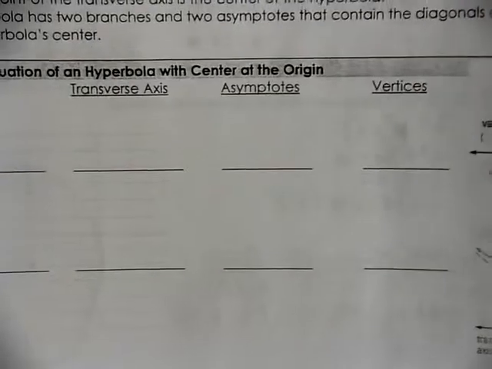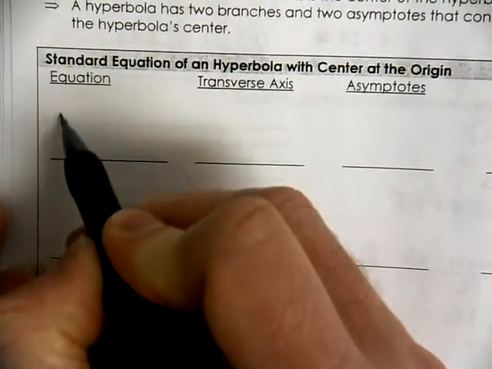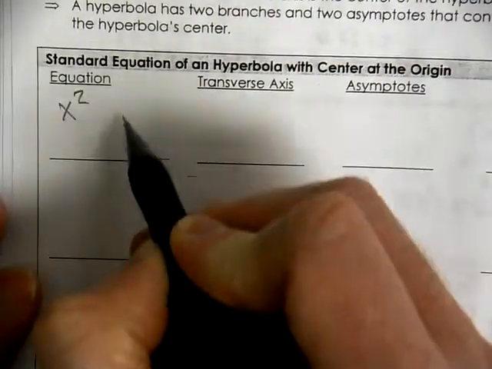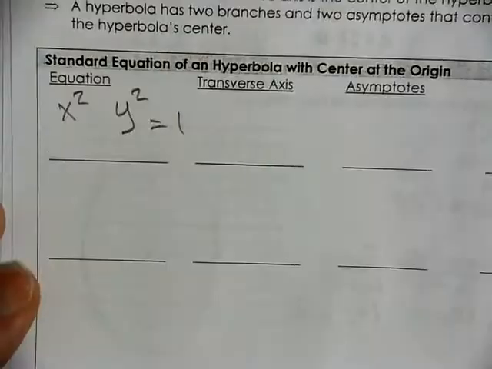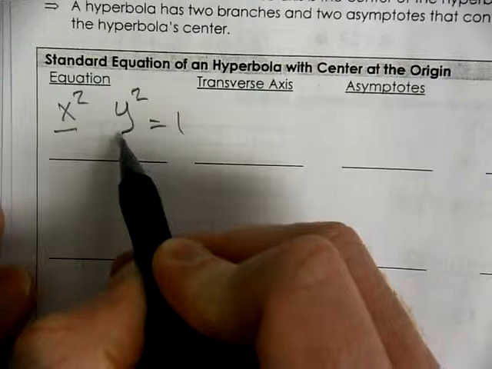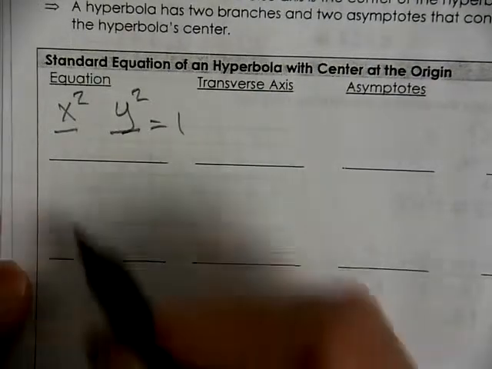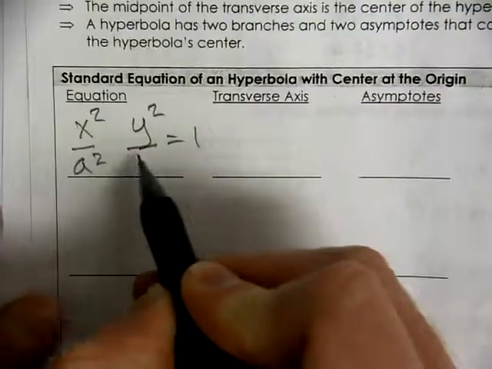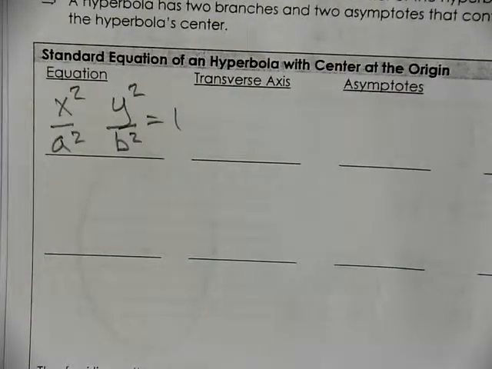We have two equations, similarly as we did for ellipses. One's going to start with x squared and have y squared, still equal to 1. It still has our fractions with our a squared and b squared. a squared and b squared will always be in that order.